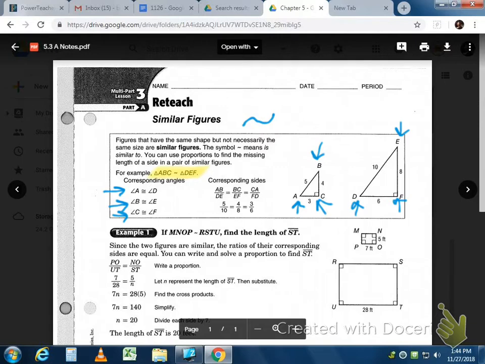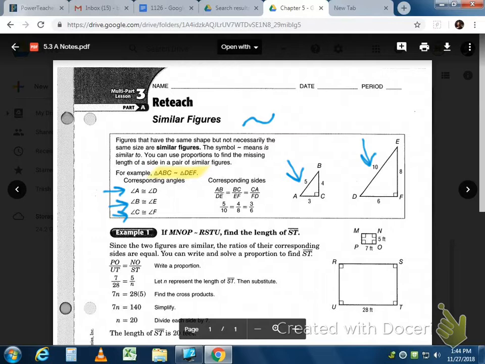In similar figures, those angles have to be exactly the same. That's how it keeps the shape the same. But the sides are not going to be the same; however, they are going to be proportional. So AB and DE, this side compared to this side, is going to be in the same ratio as any other set that corresponds.